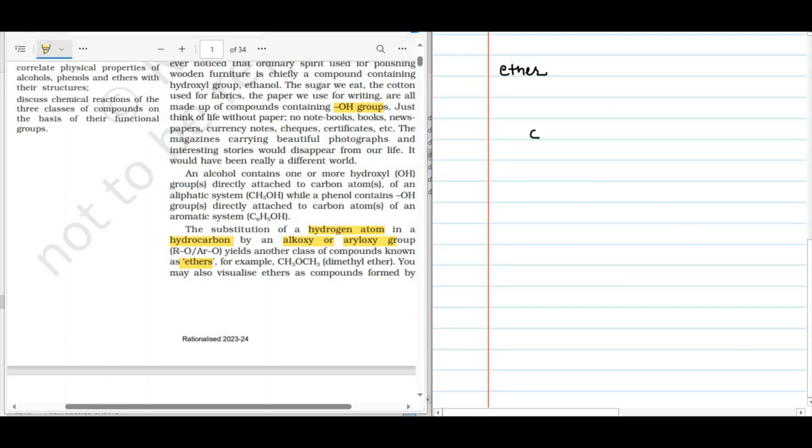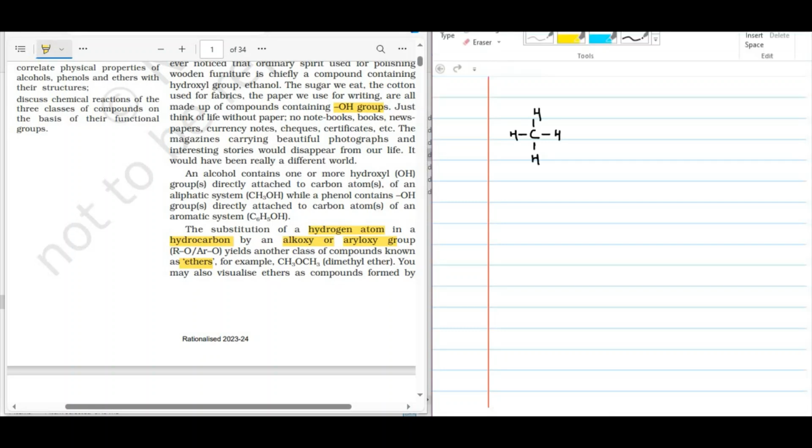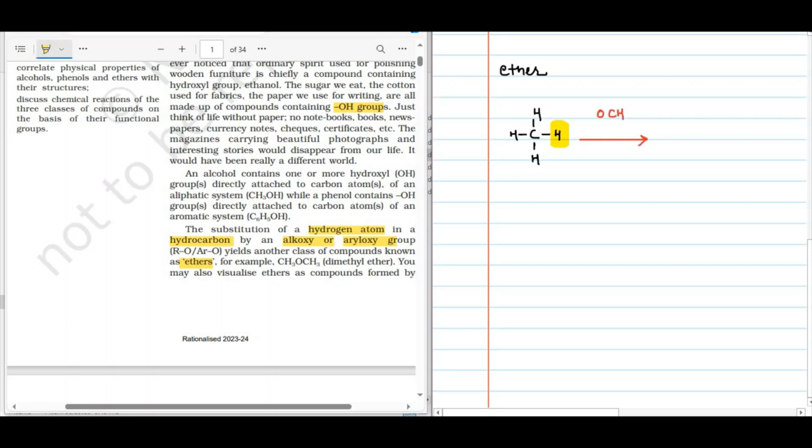So this is the hydrocarbon methane, in which there is one carbon which is bonded to 4 hydrogens. Now this time we are going to replace this hydrogen with an alkoxy group. An alkoxy group can be OCH3. So this is a methoxy group.